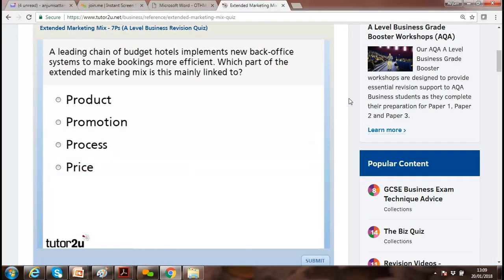Great. A leading budget hotel chain implements a new back office system to make booking more efficient. Which part of the extended marketing mix is the main link to back office? System, efficient. This is related to the process.